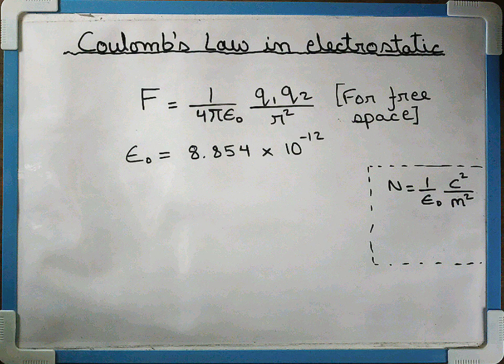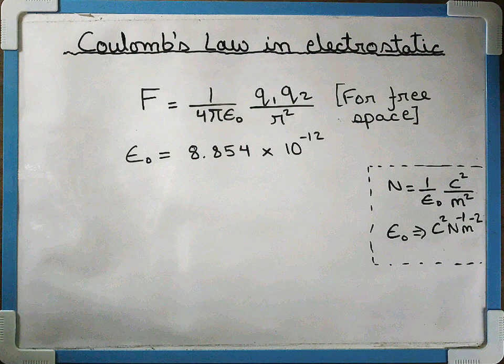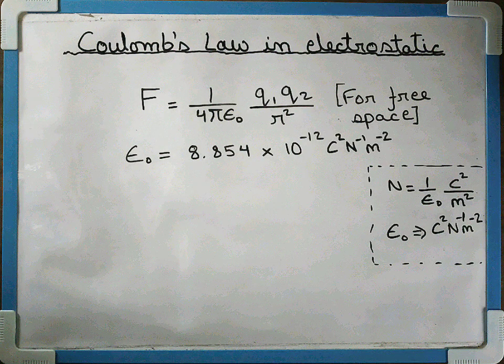Hence the SI unit of epsilon naught is Coulomb square per Newton per meter square. This is the SI unit of the absolute permittivity of free space, or just permittivity.